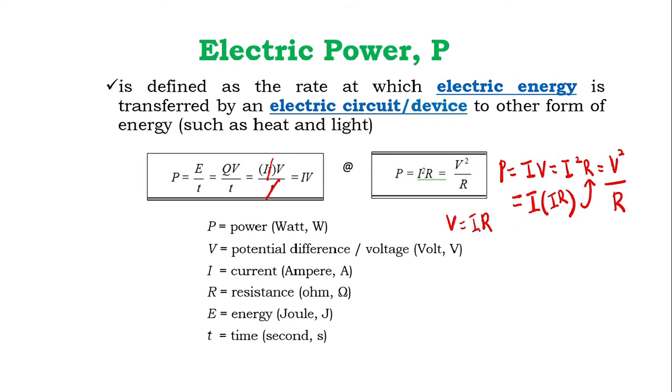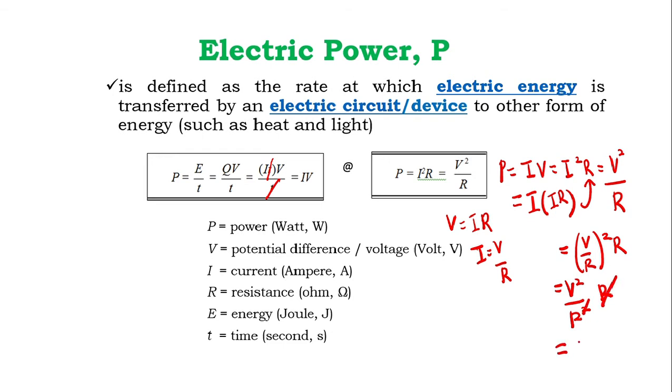Okay, kalau yang ni pula, I sama dengan V over R. And then dia dapat formula ini, dia masukkan V over R kuasa 2 kali R. Okay, and then dia boleh jadi V kuasa 2 over R kuasa 2 kali R. Cancel.